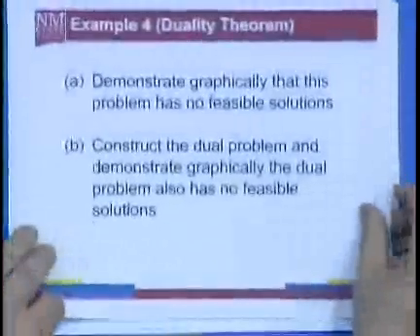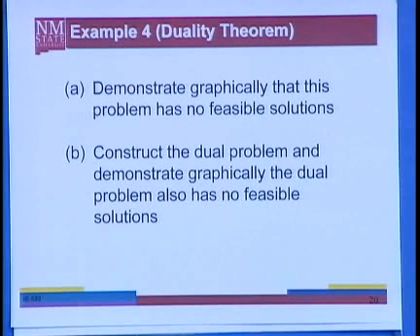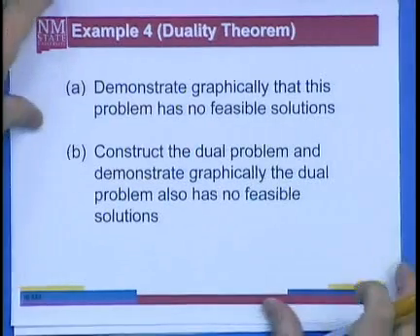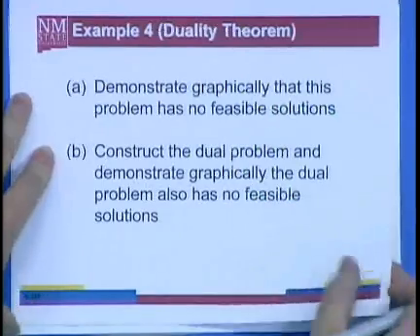Like it says, first I'm going to demonstrate graphically that the primal problem has no feasible solution, and then construct the dual problem, and again demonstrate graphically that the dual problem also has no feasible solution.